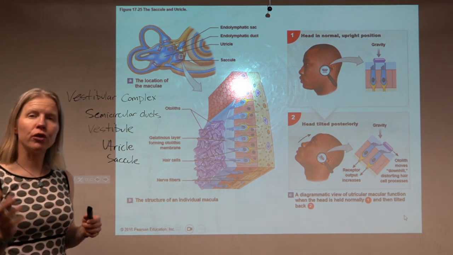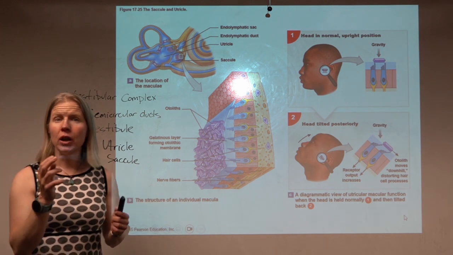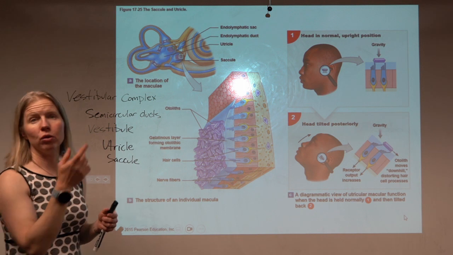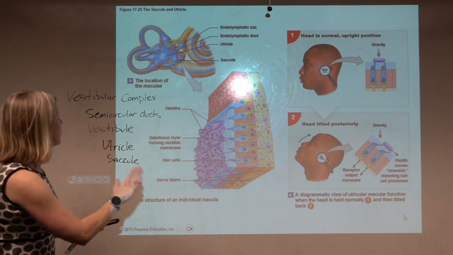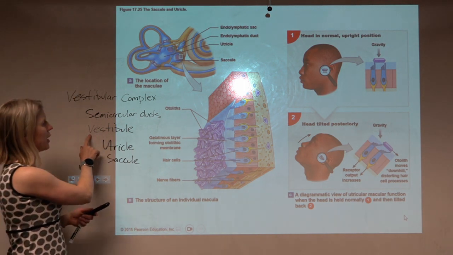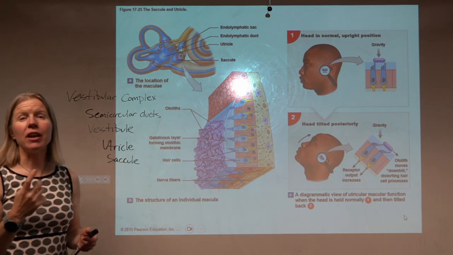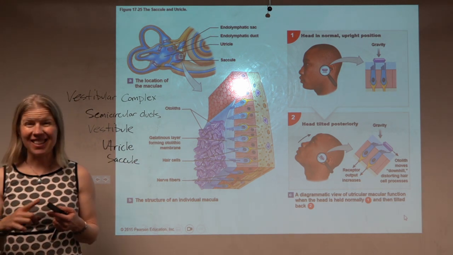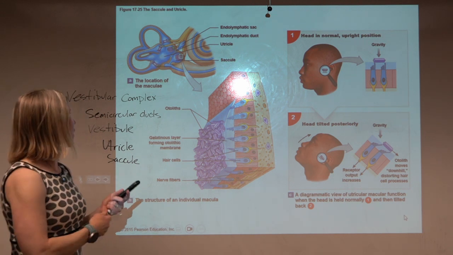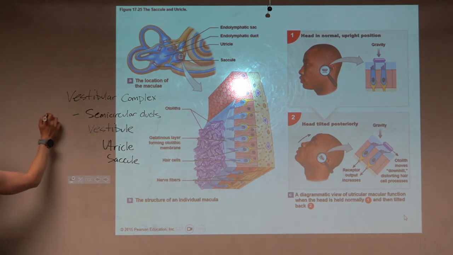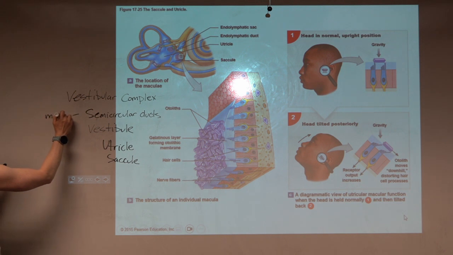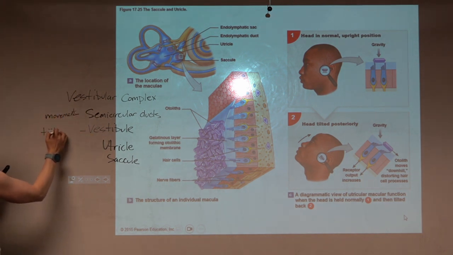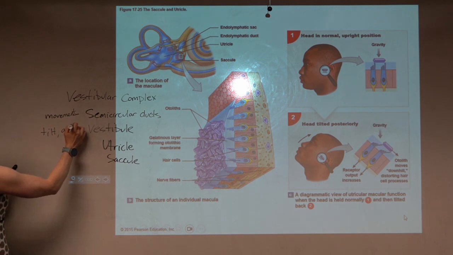The utricle tells you about more horizontal positioning, and the saccule is more vertical positioning. I'm okay as long as you know that the vestibule is more associated with gravity, the tilt, and acceleration. So semicircular ducts are movement. This is more tilt and acceleration.